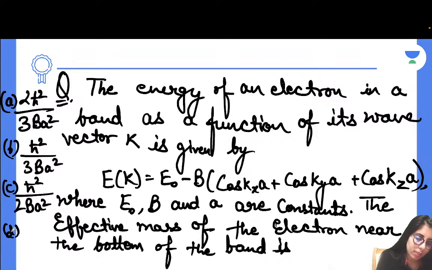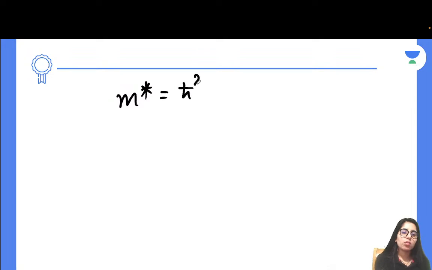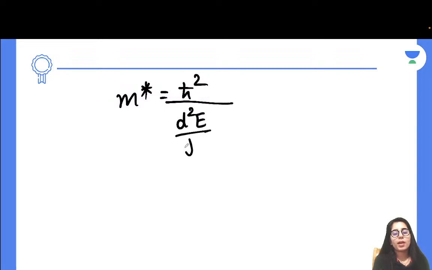Option D says h squared over ba squared. So if you work on this question, you have to find the effective mass. Do you know the formula for effective mass? If you know it, that's great. If you don't, I'm just going to write it here. m star represents the effective mass. Its expression is h squared over d2E over dk squared, right?